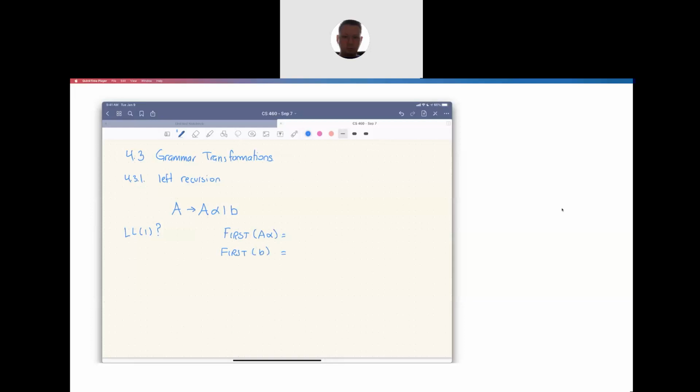What's the first of B? And just for fun, I'll ask what's the first of A, because I know it's just the first of A alpha union first of B. And this one here is easy. So I shall do that one. We get a B there. This one here becomes just a B. And now we're stuck.